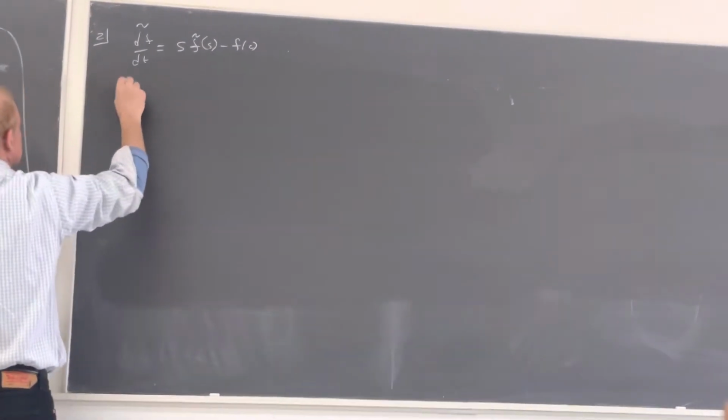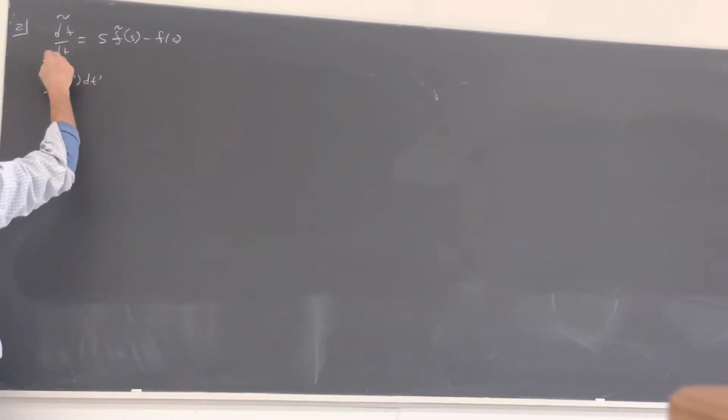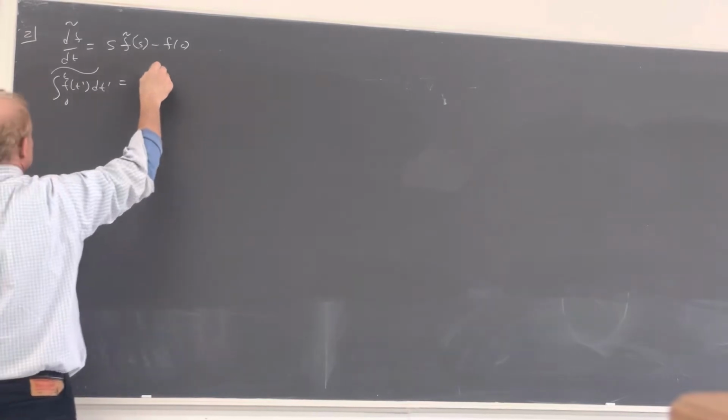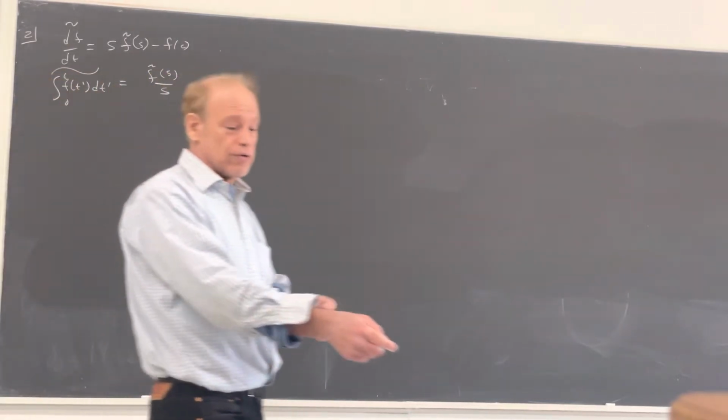And the second one is the transform of the integral of f of t prime dt prime from 0 to t is equal to f tilde of s over s. So notice what's interesting here is the derivative seems to turn into a factor of s, and an integral seems to turn into a 1 over s. The only difference is the initial condition. So those are two very important results.